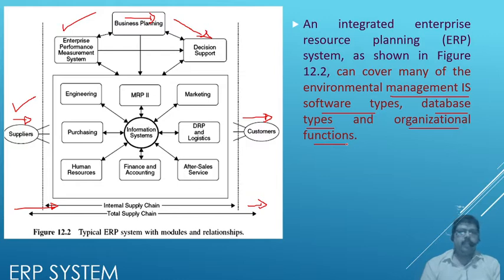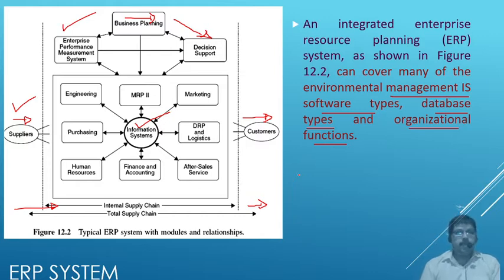Let us clarify what is meant by this. First, let us understand what the information system is. Whatever internal data flow takes place in an enterprise is transformed into information, and that is what we call the information system.